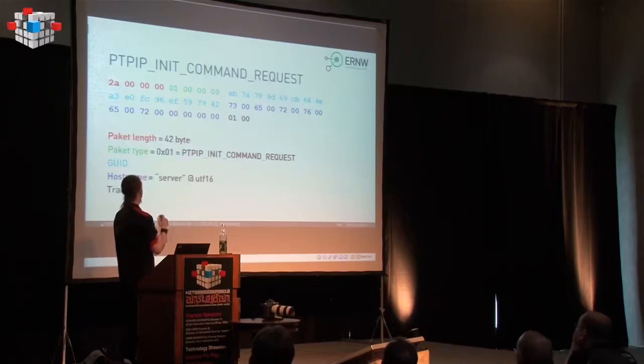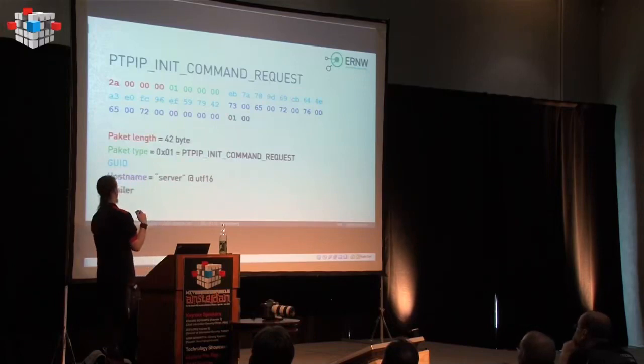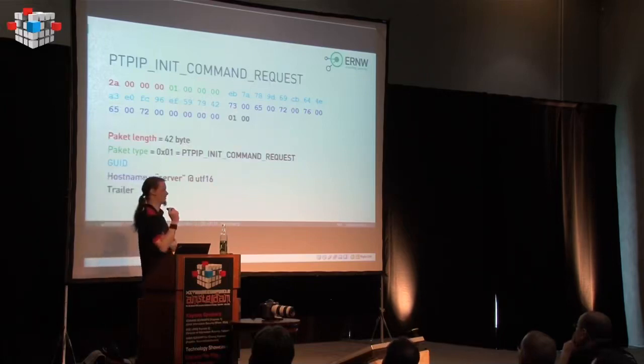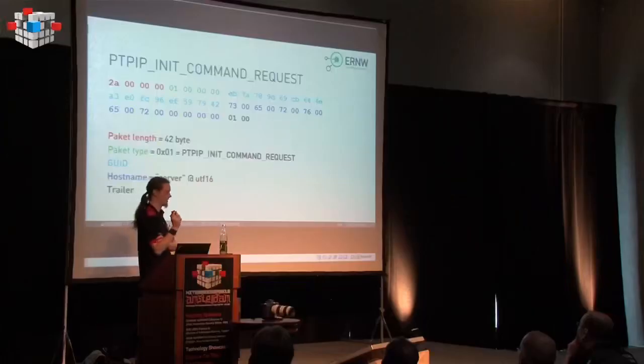Afterwards, you got the host name, which in this case is just the string server encoded in UTF-16. And yeah, afterwards, you got some trailer, which just says, okay, this packet is finished here. Okay, remember the blue string for a second, because we will need this again.